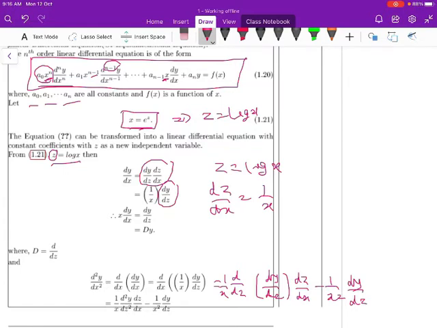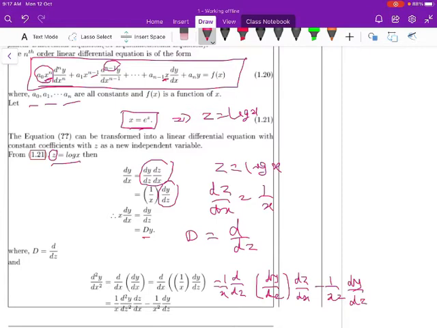So this 1 by x on the RHS goes to the LHS. Therefore x into dy by dx is equal to dy by dz. So this can be written as capital D into y, where capital D is equal to d by dz, where z is the independent variable.